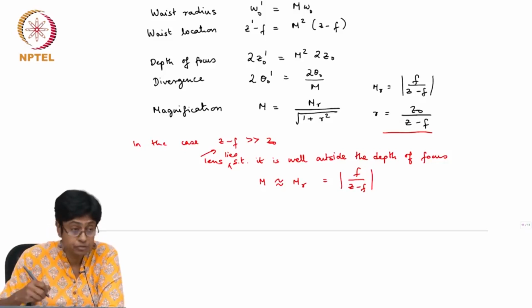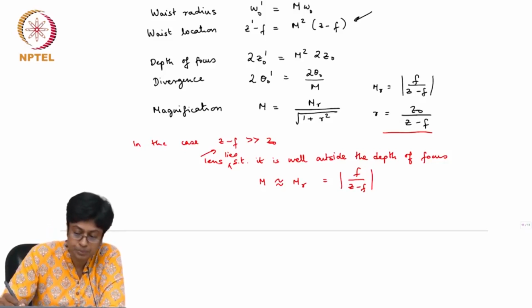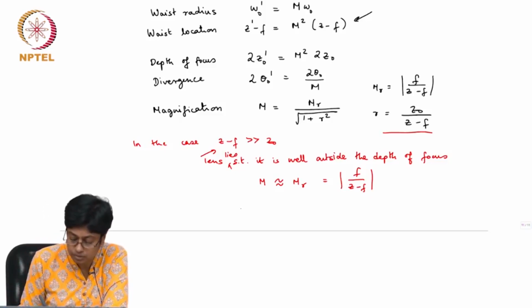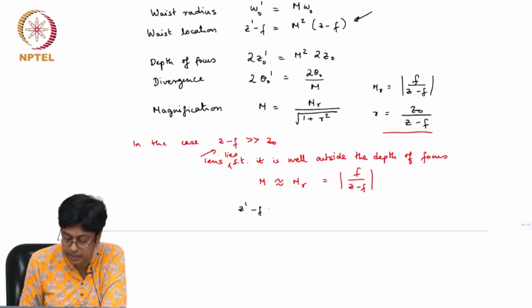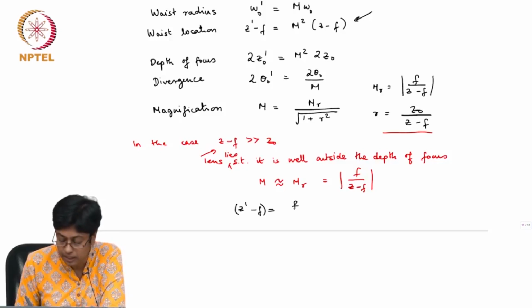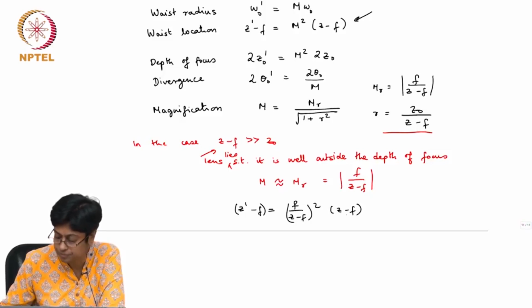So what does that mean for the waist location? Let's substitute that in this equation. Okay, so I'm going to take z dash minus f. I'm taking this new value of magnification for this particular case. So I'll have f, z minus f the whole squared, z minus f.